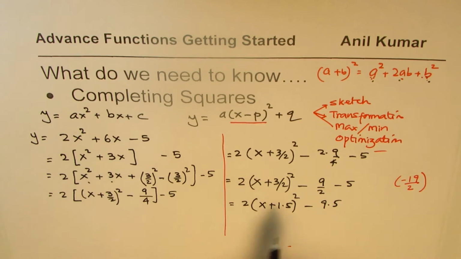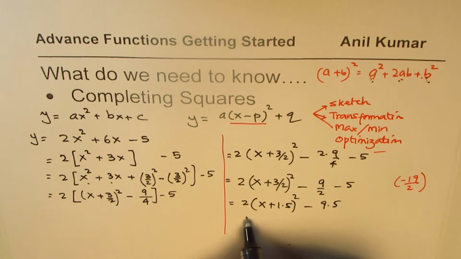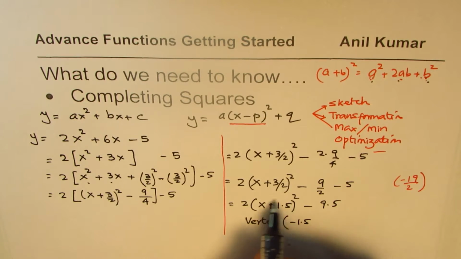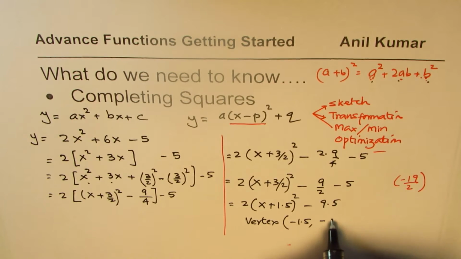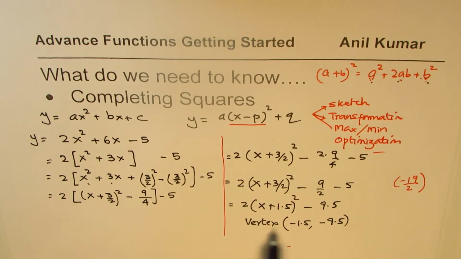But anyway, once you write the equation in the vertex form, we know what the vertex is and the characteristics of this quadratic equation. This vertex is at the point whose x value is minus 1.5, whatever makes this 0, and minus 9.5 is the y value for the vertex.